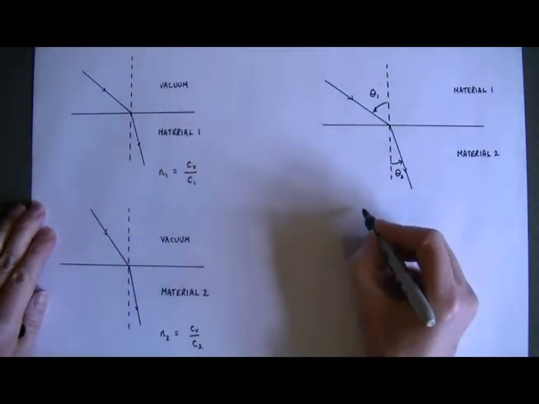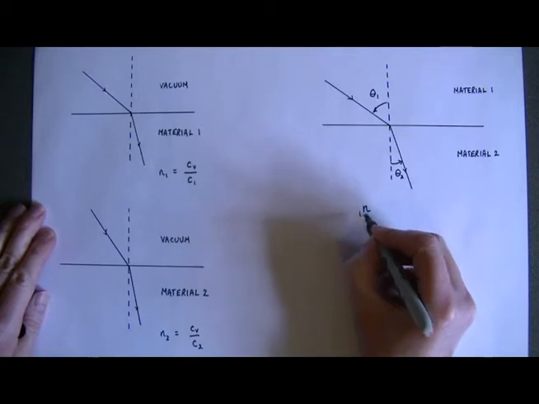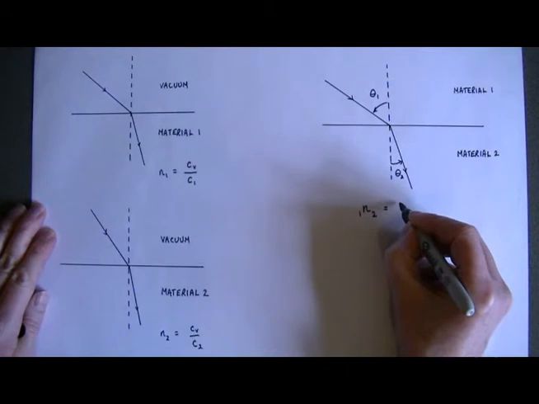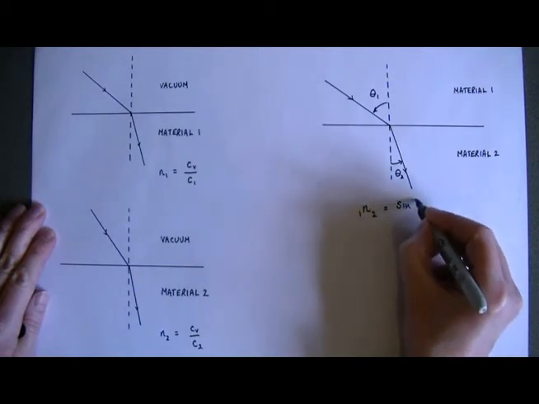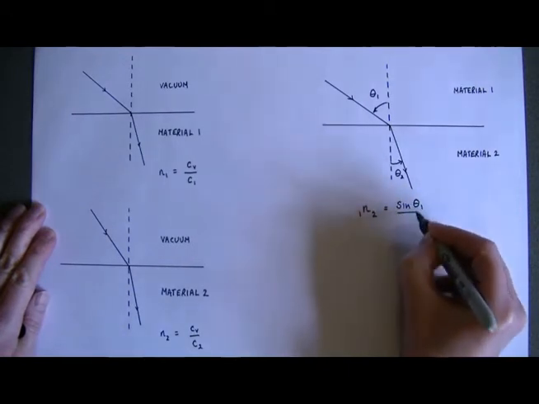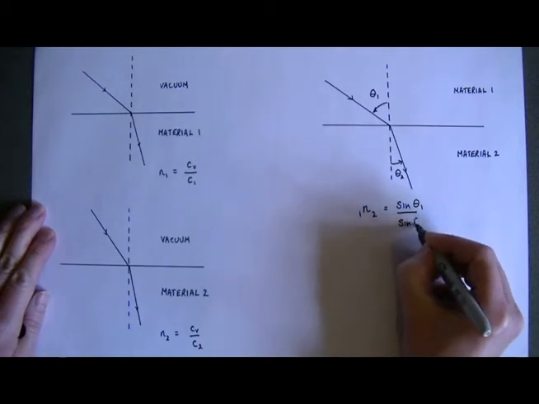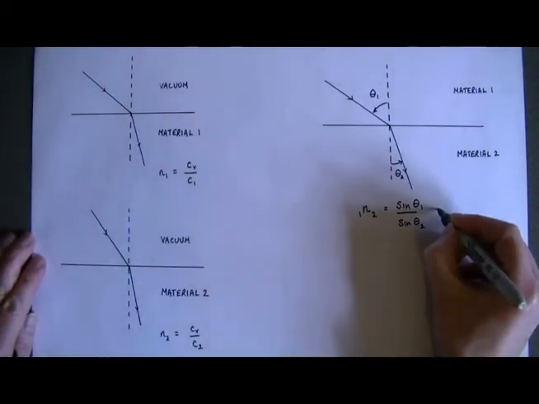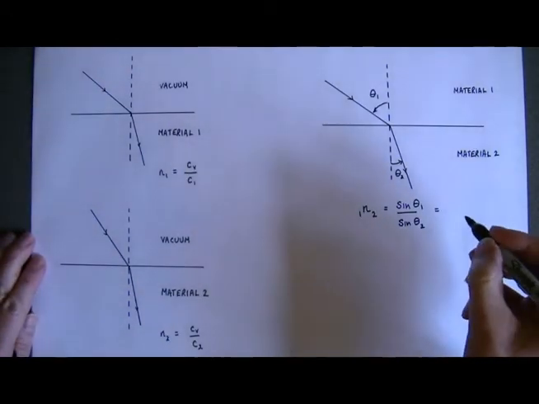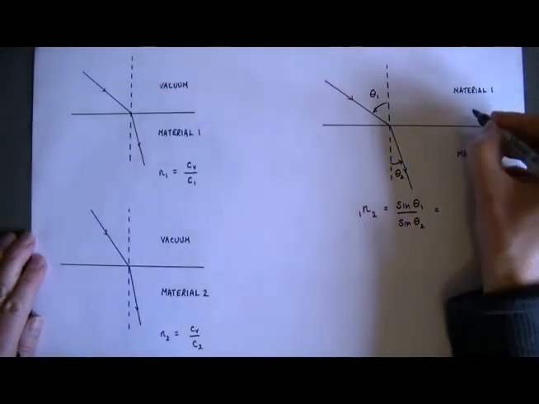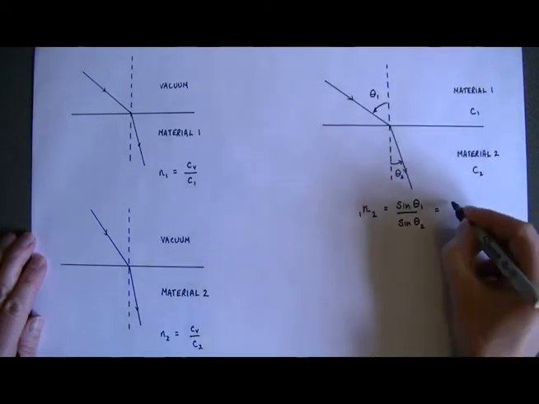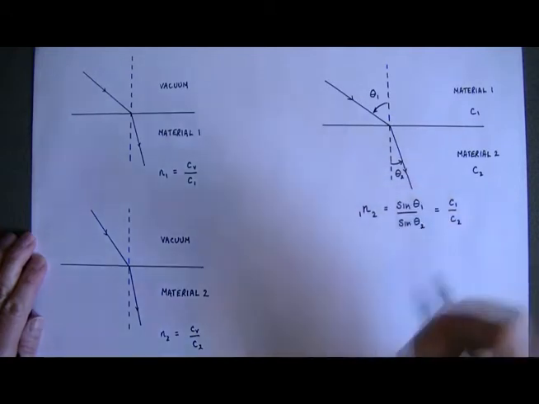And so I can say that the refractive index n from material 1 to material 2 must equal, using Snell's law, sine theta 1 over sine theta 2. And that must equal the speed of light in material 1, C1 there, and the speed of light C2 there, so that must be C1 over C2.